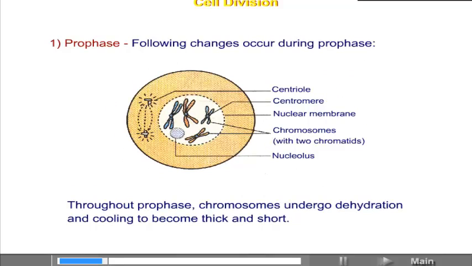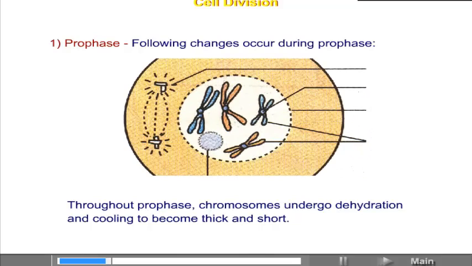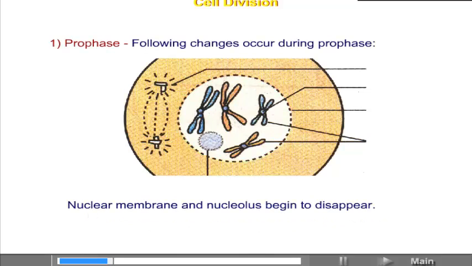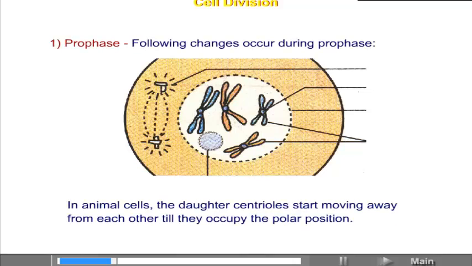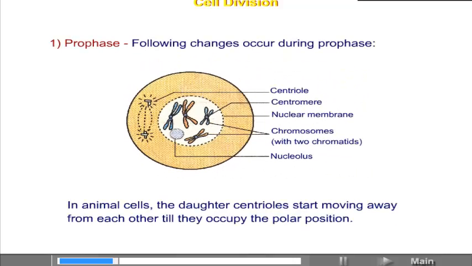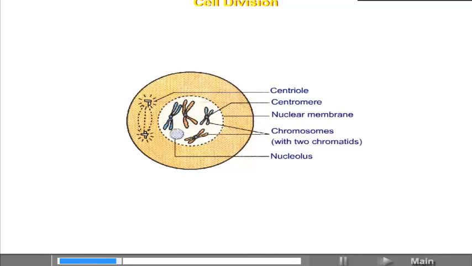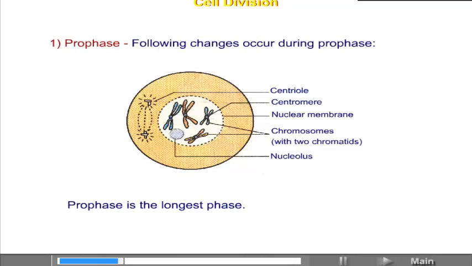Throughout prophase, chromosomes undergo dehydration and coiling to become thick and short. Nuclear membrane and nucleolus begin to disappear. In animal cells, the daughter centrioles start moving away from each other till they occupy the polar position. Prophase is the longest phase.